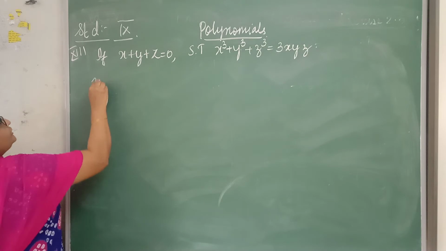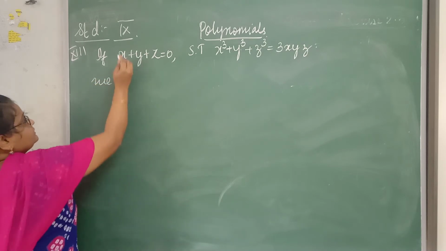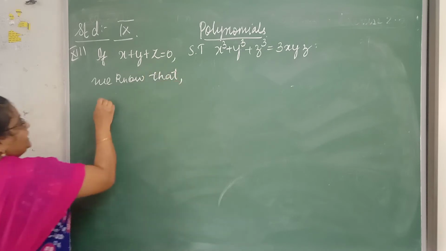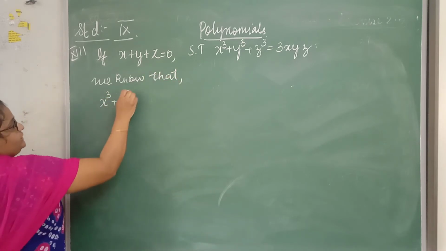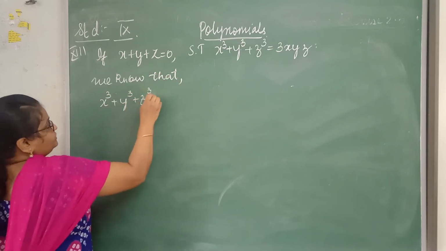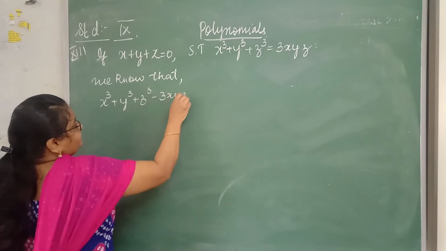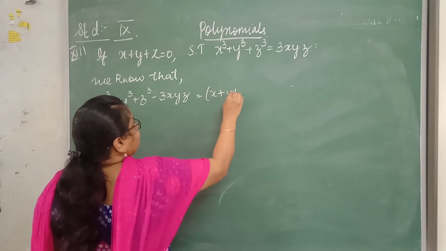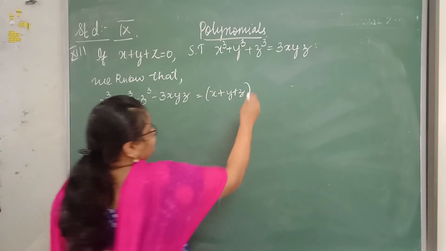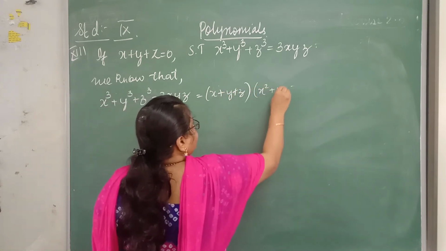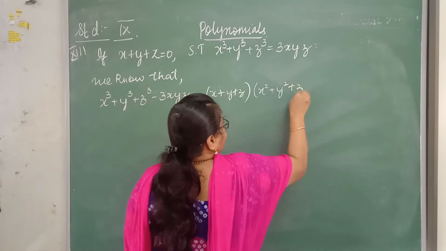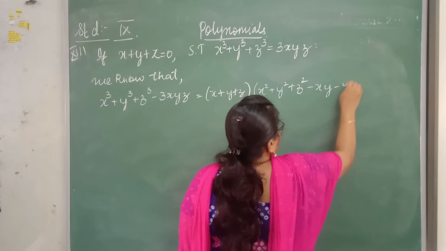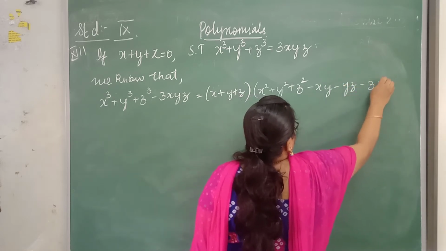Okay, so we know that x cube plus y cube plus z cube minus 3xyz is equal to x plus y plus z into x square plus y square plus z square minus xy minus yz minus zx.